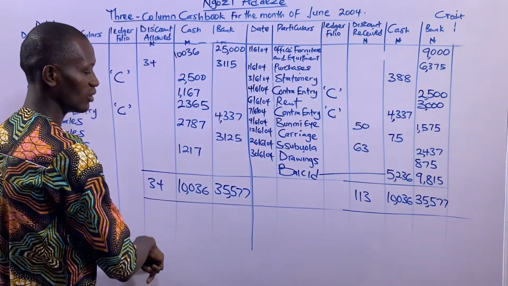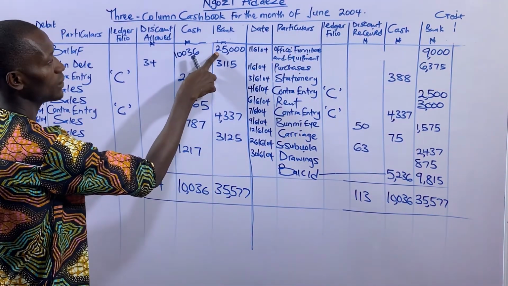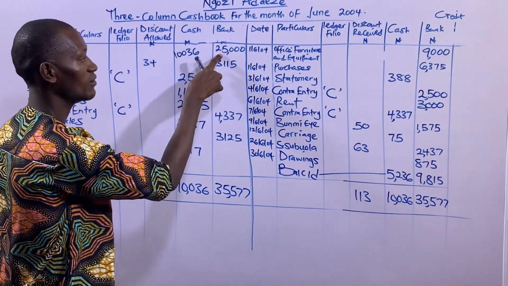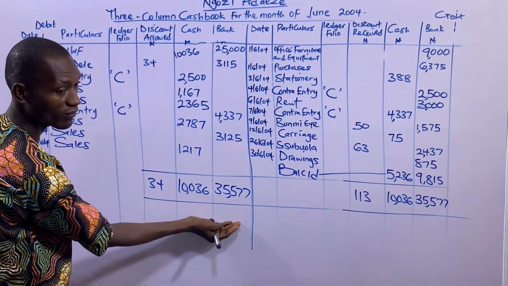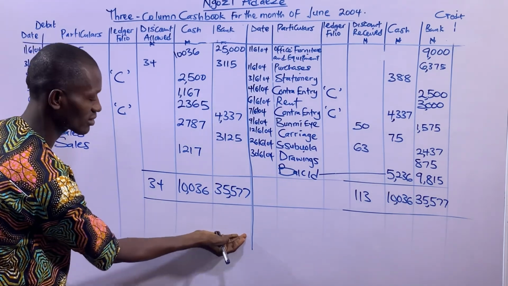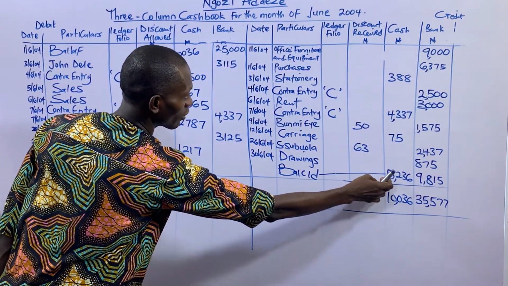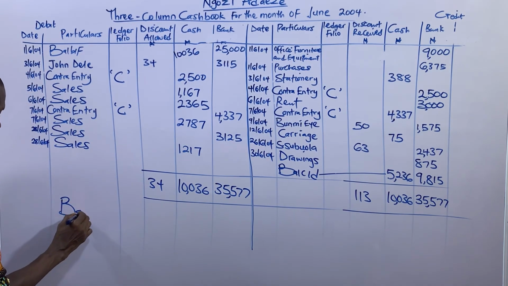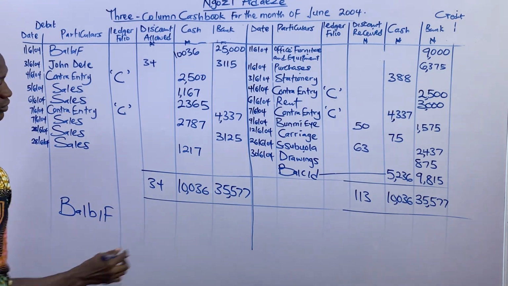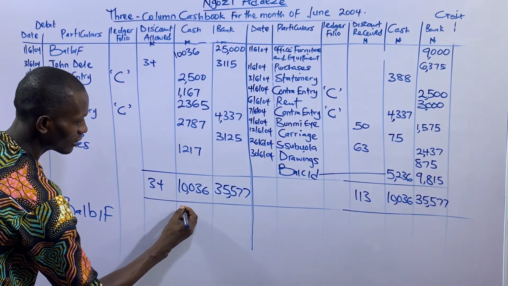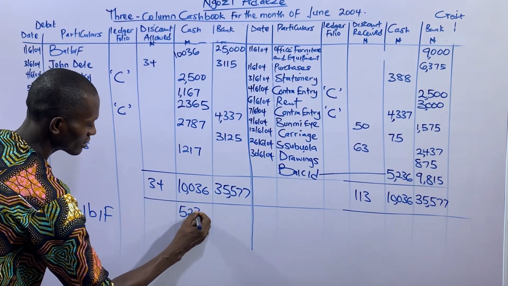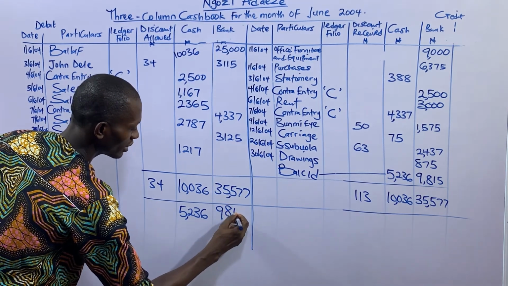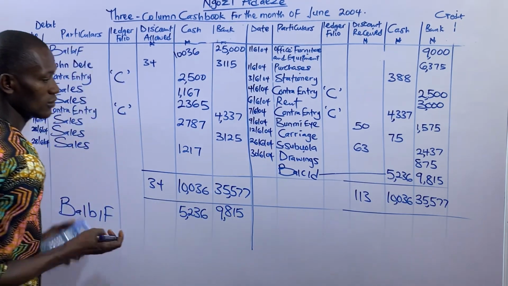Then for July, for the new month, we will now have balance brought forward. For cash, we have 5,236. Then for bank, we have 9,815. So this is what we have.